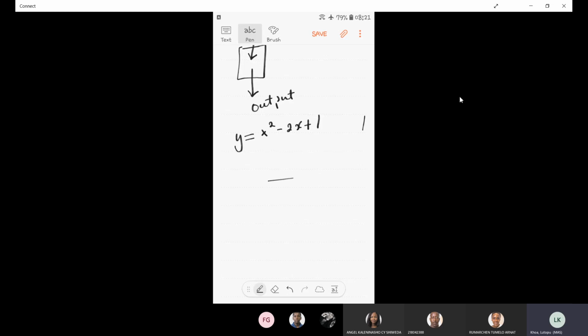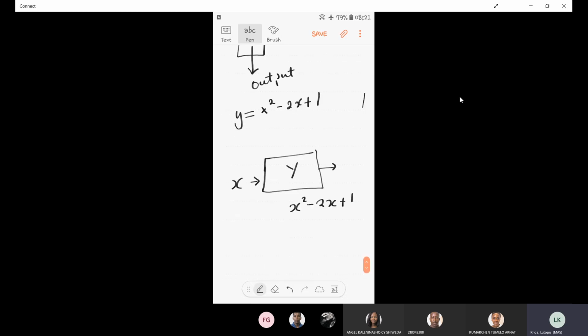So if this is my function y, my input will be x, and then what comes out will be x squared minus 2x plus 1. You can think of those assembly lines that we have at one station. This is what happens at the next station. This is what happens, and so on. So you just put in x, and then you see what comes out, and then that defines your function.